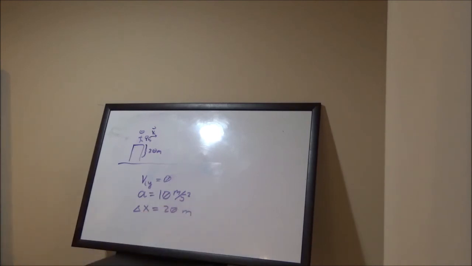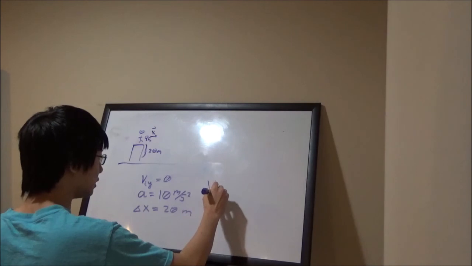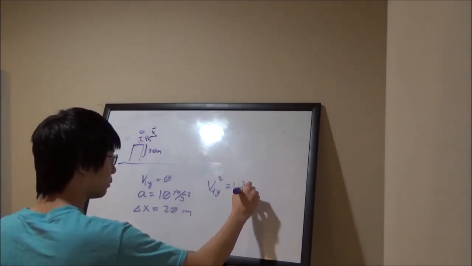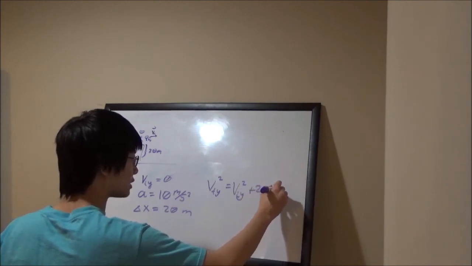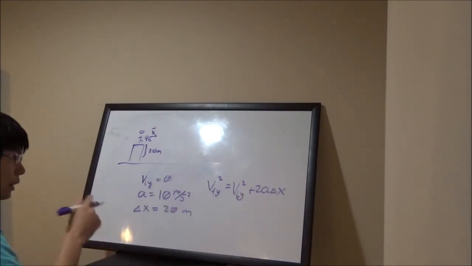Now, if you remember our time-not-found equation, we know that v, the final velocity, squared, is equal to the initial velocity squared plus 2a delta x. So, to find our final y velocity, we can just plug in values. Let's plug in all the values that we know.